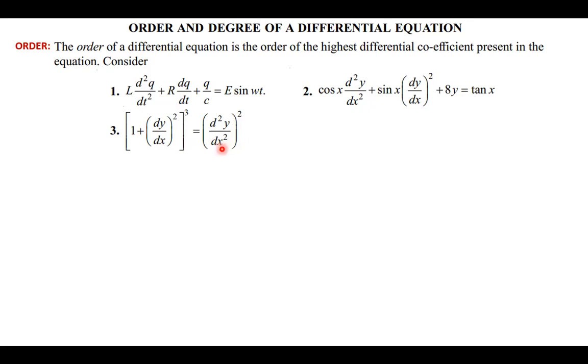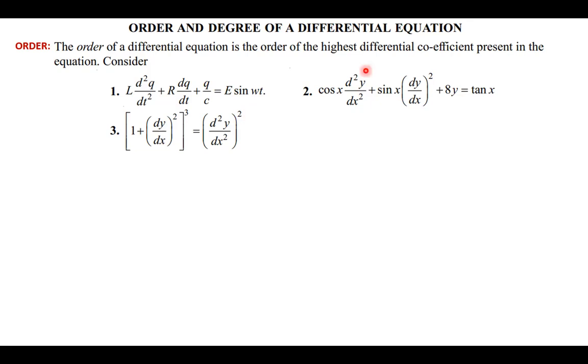For the degree, you don't get this 3 here. You simply get this 2, because that's the power of the highest order. The highest order we have is 2, and the power of the highest order is 2. So here the order is 2, and the degree is also 2.